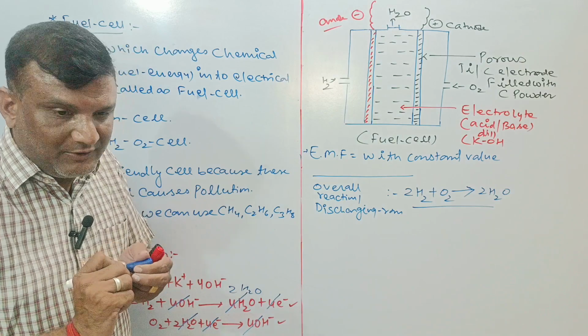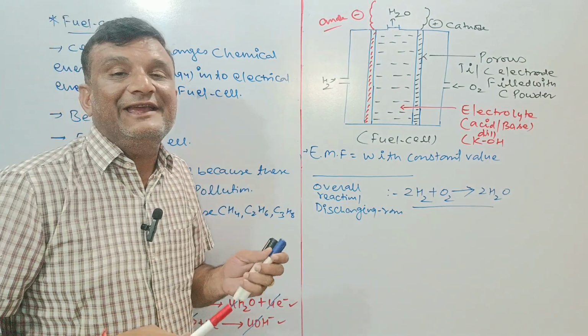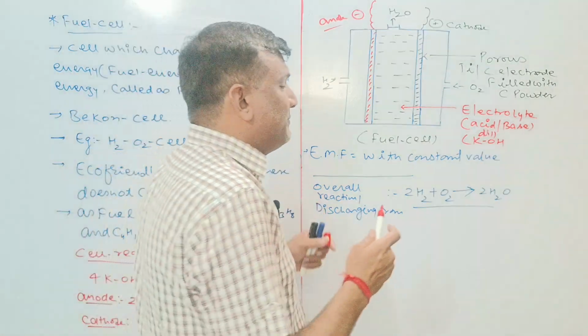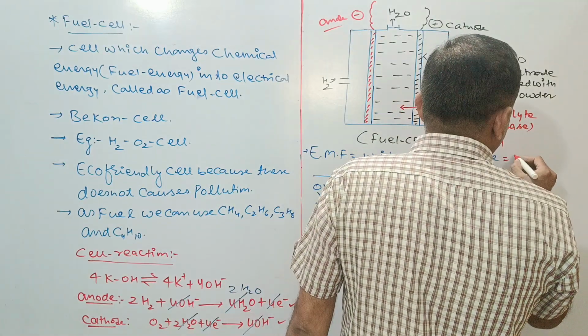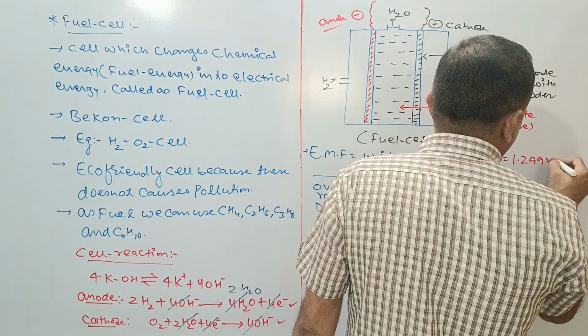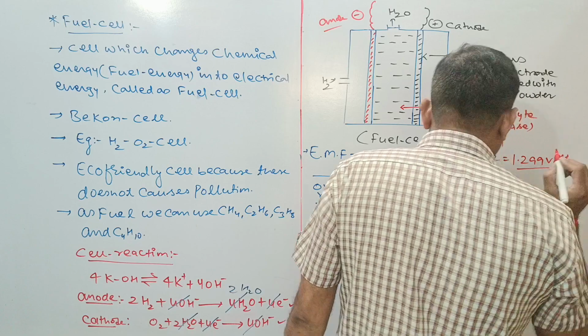Now the time to discuss the very important EMF of the cell, that is 1.299 volt as a constant EMF.